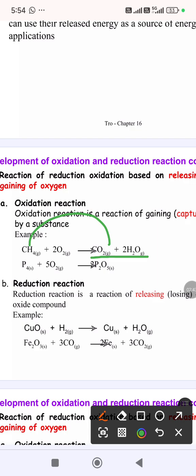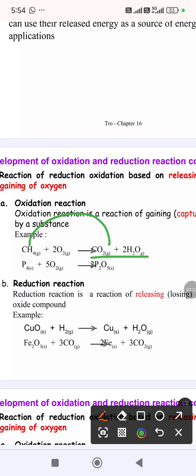So we can say that CH4, methane, is oxidized because carbon is gaining oxygen and losing its hydrogen. So we can say oxidation is gaining of oxygen or losing hydrogen.